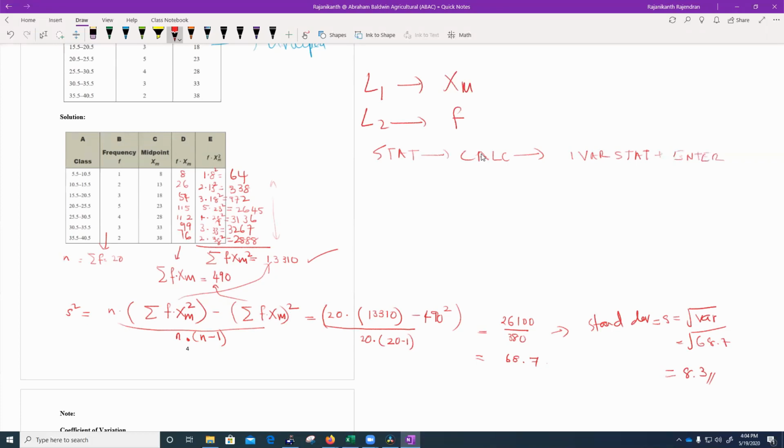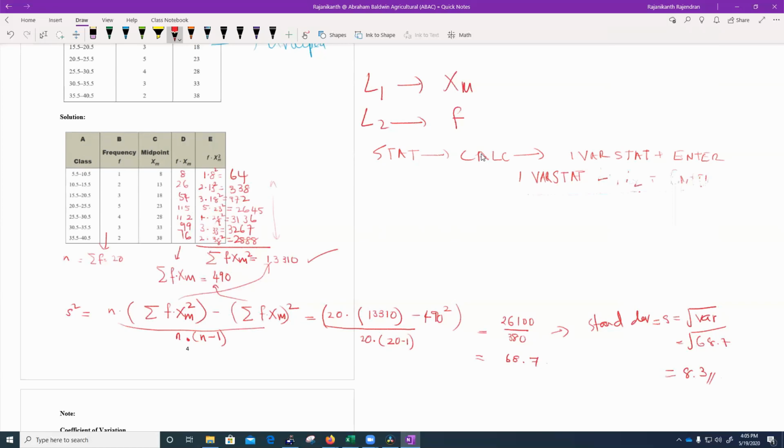Once you enter, you will get this display. There you need to put the input. The calculator doesn't know how many columns you have, so input the data values. I have two columns now, therefore you need to mention those two, L1, L2. Then press enter one more time.